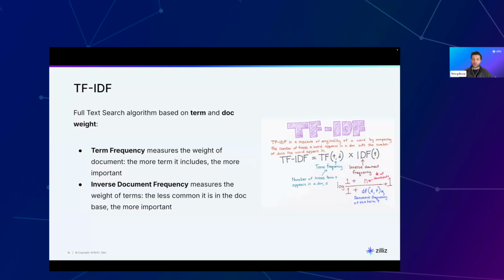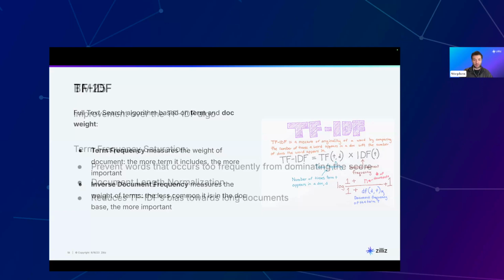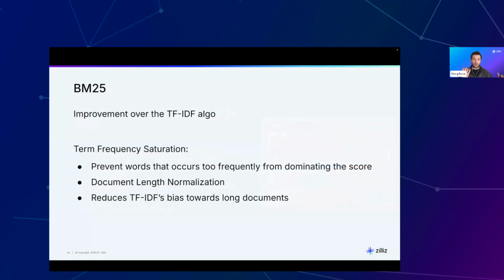That was cool, but it has some problems. So BM25 came, which is an improvement over TF-IDF because it prevents words that occur too frequently from dominating the score. It also reduces TF-IDF's bias towards long documents, where words would get more weight, which is not what you want.